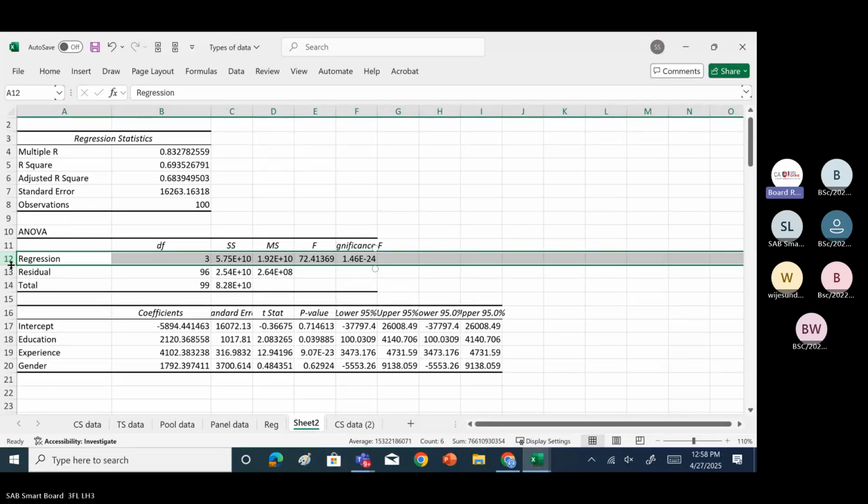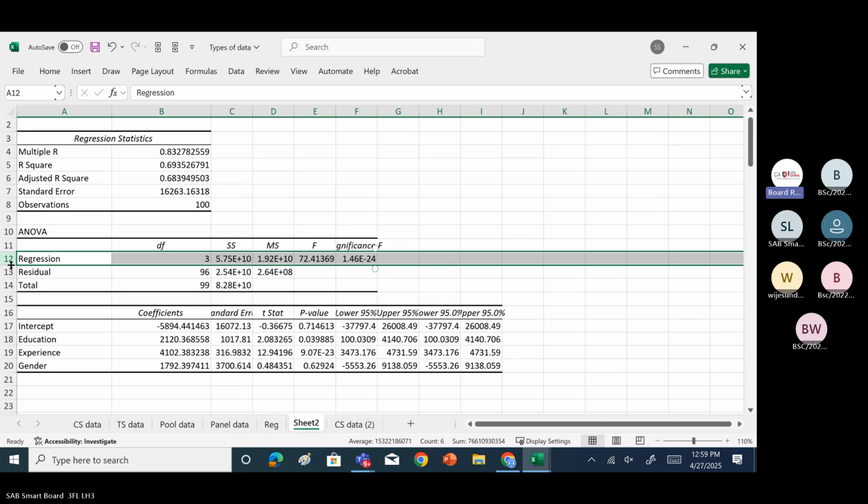Whether we can accept or reject the hypothesis is definitely based on p-values. If the p-value is lesser than the significance level, in our case 5%, you have to accept that hypothesis. We are not considering the intercept hypothesis.